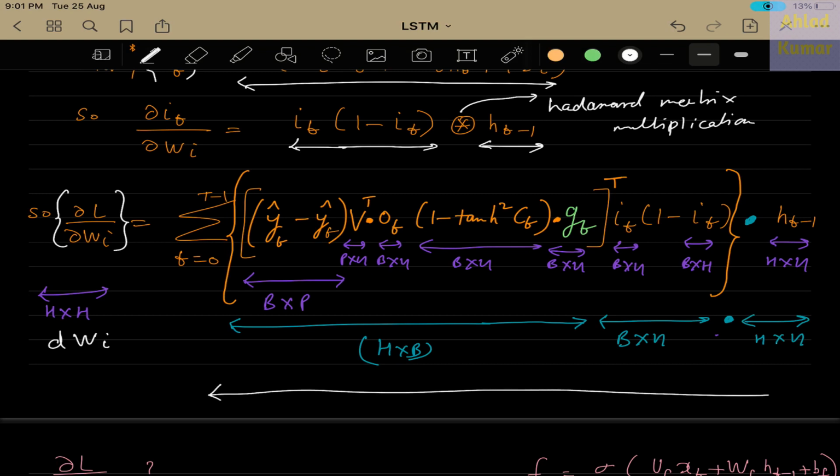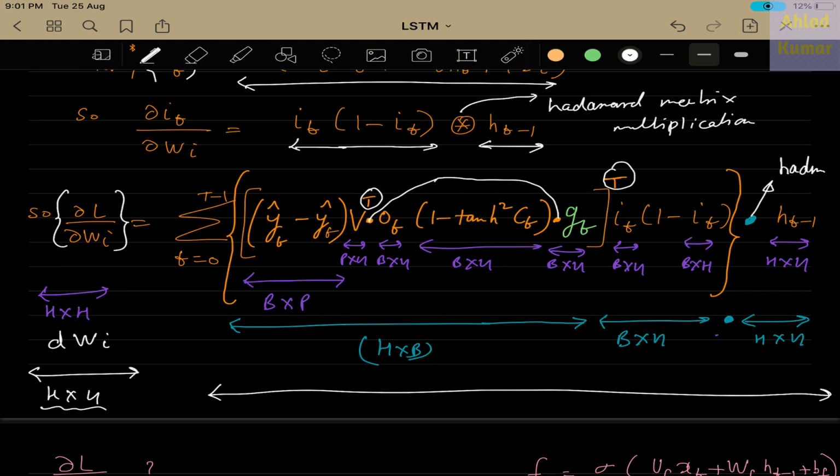I am leaving it to you, and you can see that they indeed result in an H cross H multiplication, and all these are actually Hadamard multiplications, and these are the transposes. Please note that, and this is also a Hadamard multiplication. So once you calculate all of this, you will get H cross H. So this is the combined expression for the derivative of the loss with respect to Wi, and I am leaving it to you to verify the validity of this expression on the right hand side.